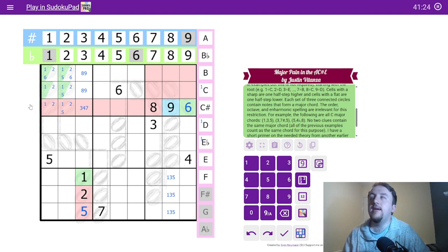It can't be a flat 2. Could it be a sharp 2? No, because no triads have an E flat and an A in. So it would have to be a D and an A. So it would have to be either a sharp 4 or a flat 5, and it's not a flat 5.